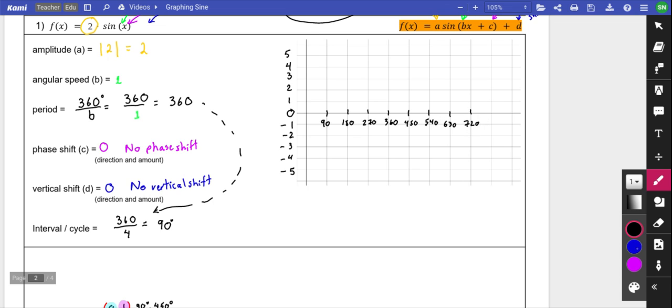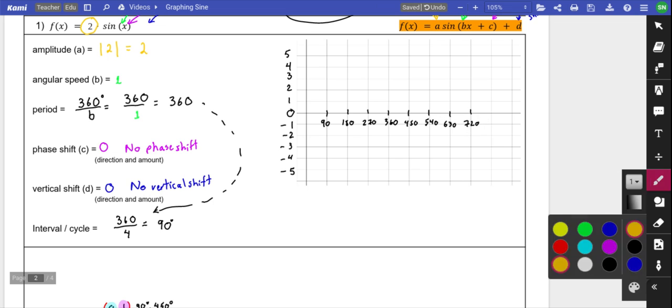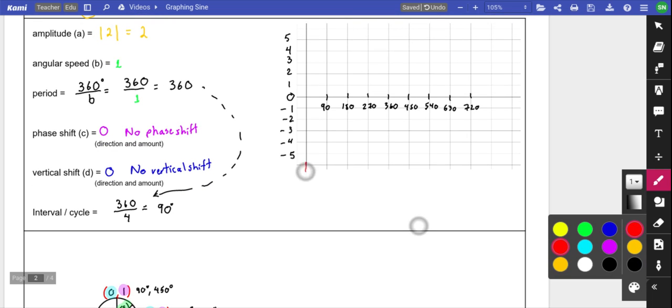So that is 2 rotations around the circle. From 0 to 360, that's going to be the first cycle. And then from 360 to 720, that's going to be the second cycle.